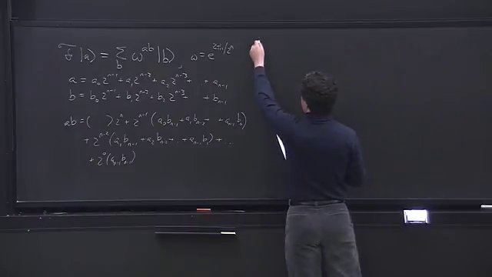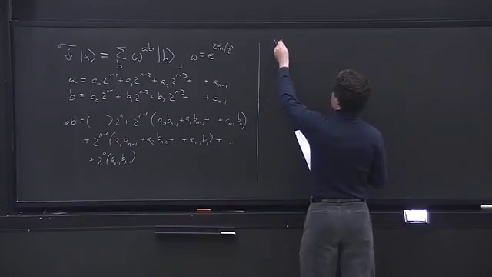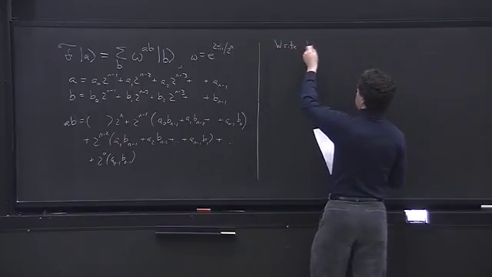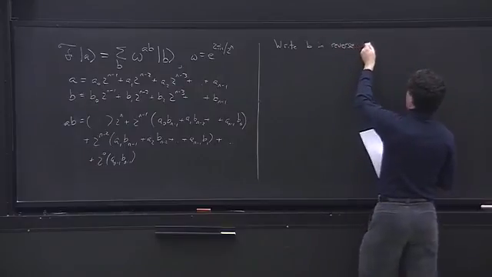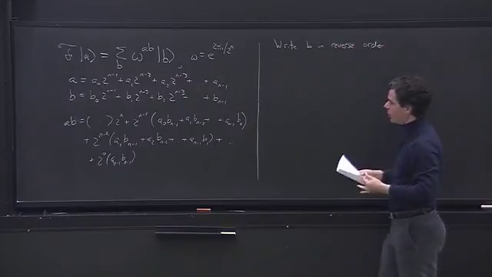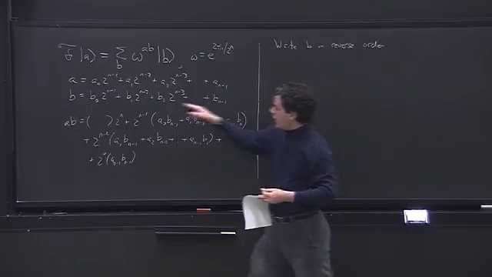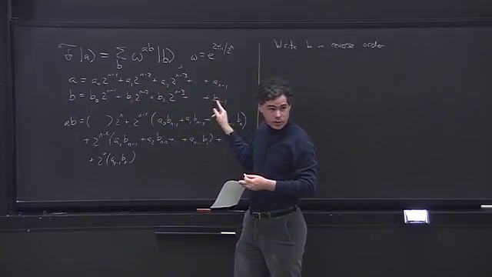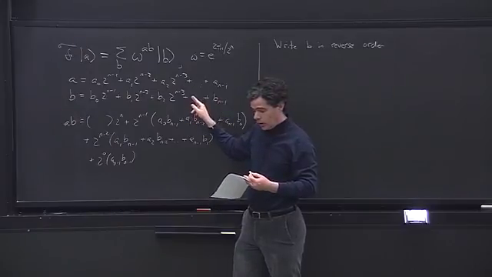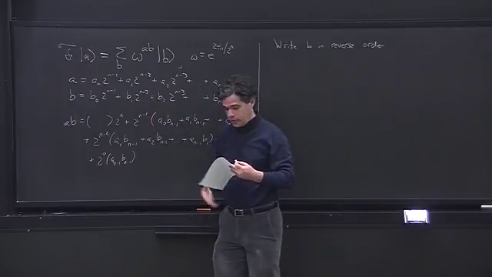So it turns out that it's convenient to write B in sort of the reverse order from A. So if we're writing A0, A1, A2, et cetera, we're going to write B as B n minus 1, B n minus 2, down to B0.